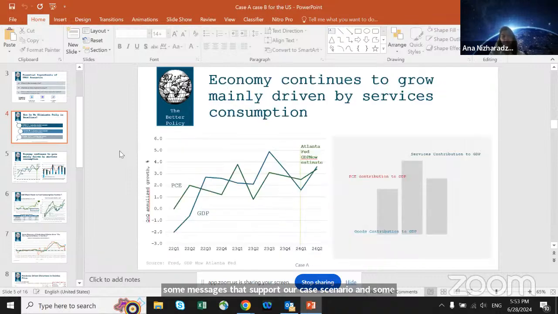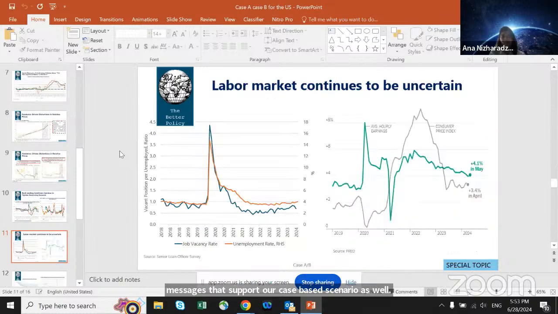So moving on to the labor market analysis, if we look at the Beveridge curve, which shows the relationship between the vacancy rate in the US and the unemployment rate, we see that it shifts inward. It started to shift inwards, definitely.